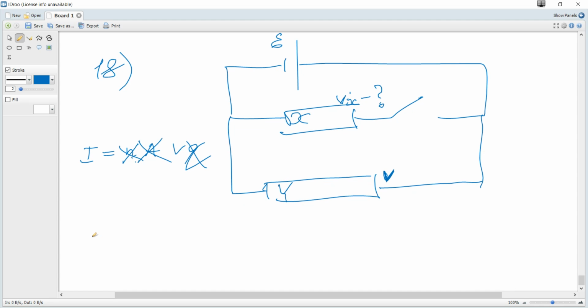Let's consider current initially. Two identical wires means that they have the same resistance.